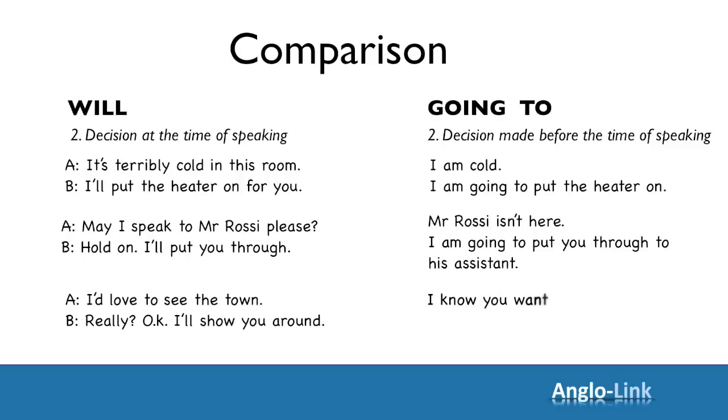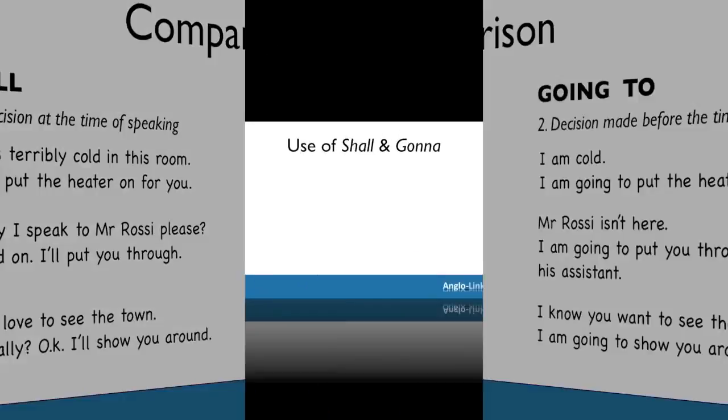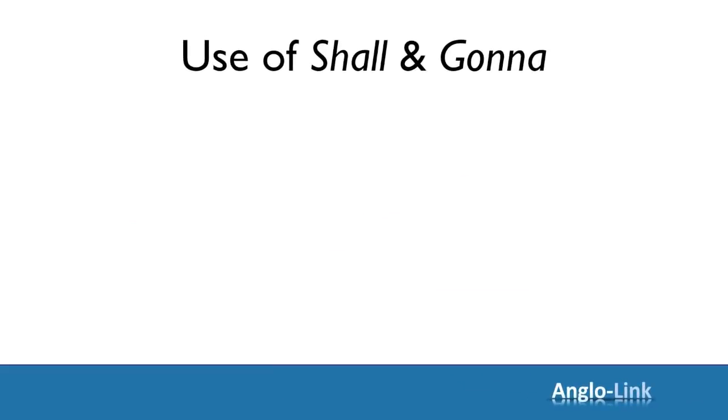So you said, "I know you want to see the town. I'm going to show you around." Well, that should have clarified the differences between will and going to for you.